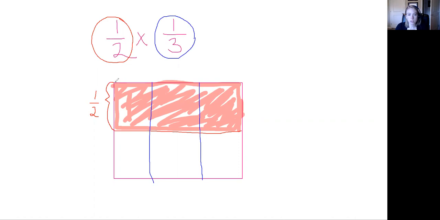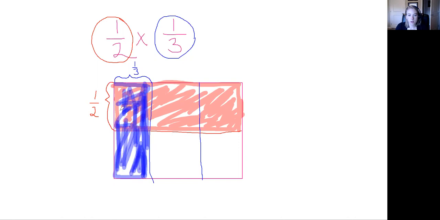And here I'm going to shade in 1/3. So I'm going to mark 1/3 right here, and I'm going to shade that third. And now I have both of those fractions shaded.